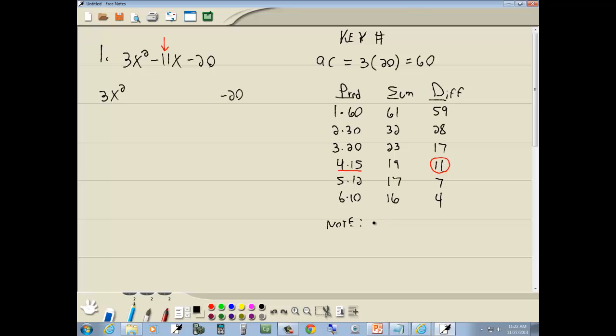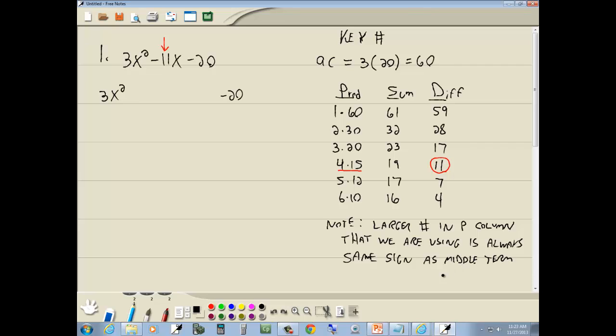It says the larger number in the P column that we are using is always the same sign as the middle term.